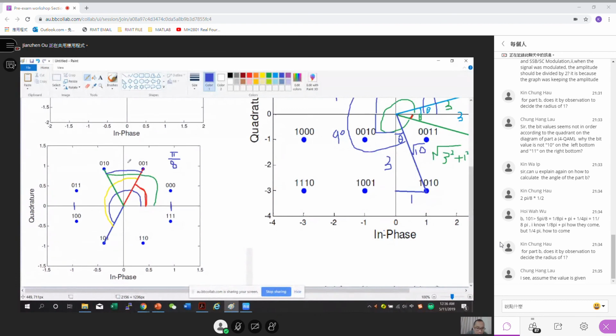This is because, for instance, you can see the distance from here to here is double. Each point to the boundary is pi/8, so you're getting two parts here. That's why the angle between here and here is pi/4. So this is where the pi/4 comes from.